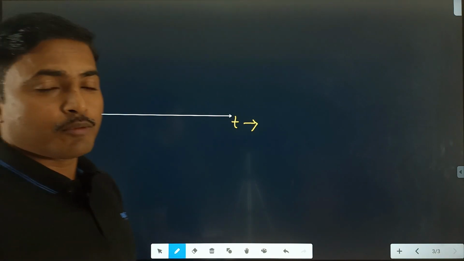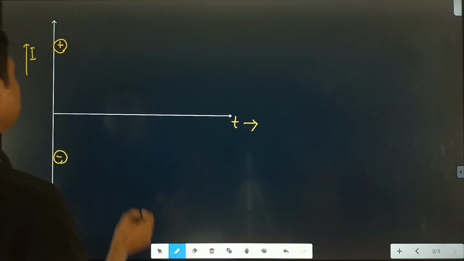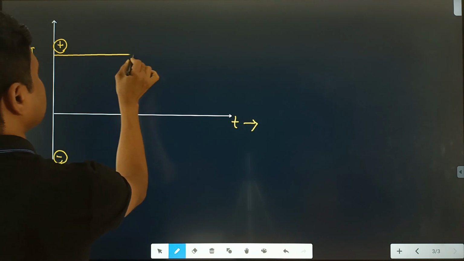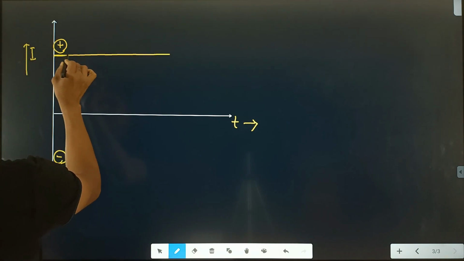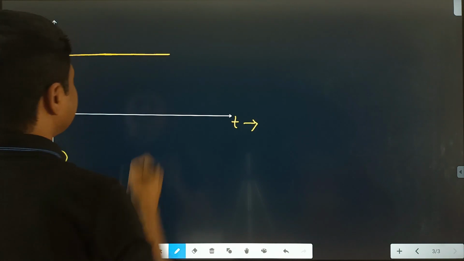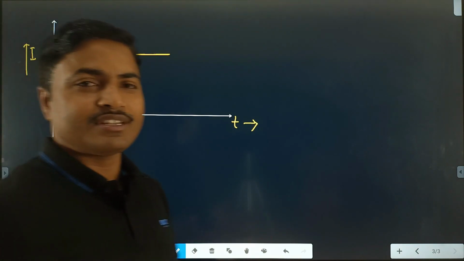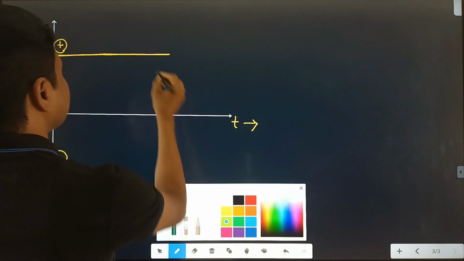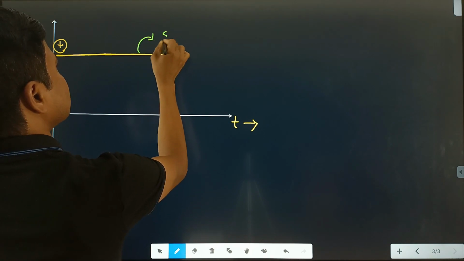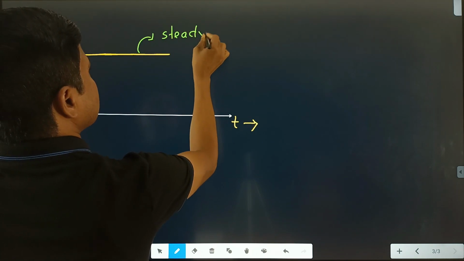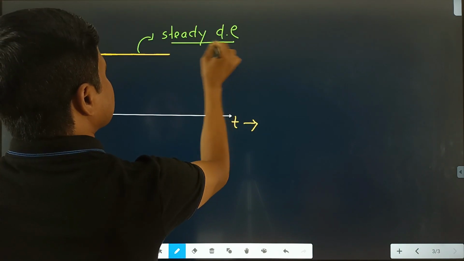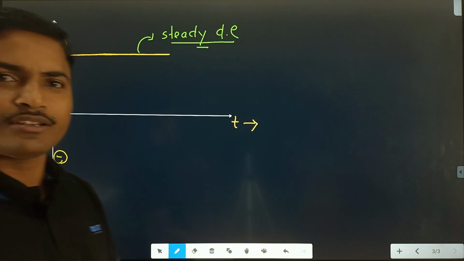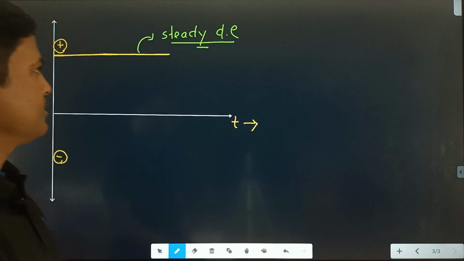For steady direct current, the magnitude of the current is always constant, so this is the graph. The graph is a straight line parallel to the time axis, so this type of current is known as steady direct current. Its direction is always on the positive side, not the negative side, so that is known as direct current. Clear?